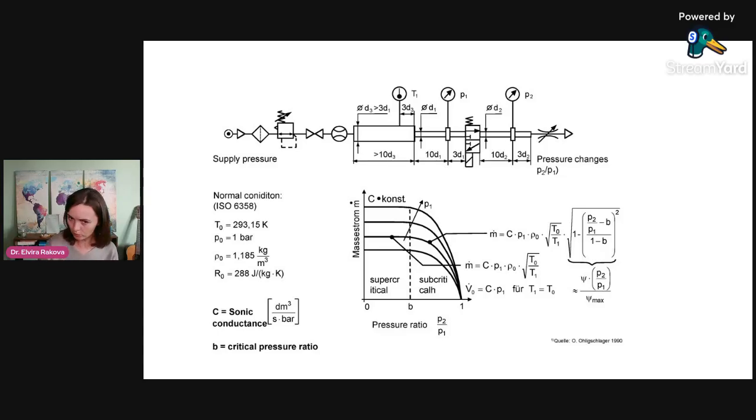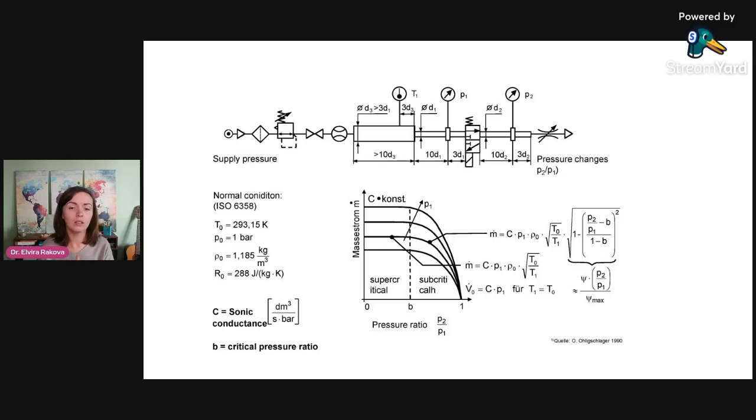It starts to flow until a certain moment it arrives at the point where the mass flow rate doesn't go higher. And when it doesn't go higher, it means that we reached a critical pressure ratio where the velocity of the flow reached the velocity of the sound.